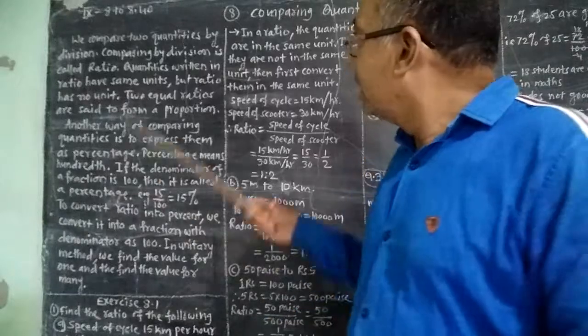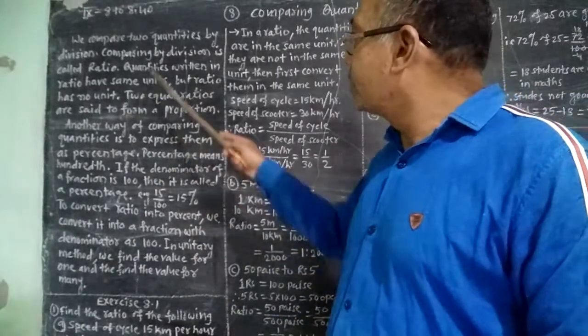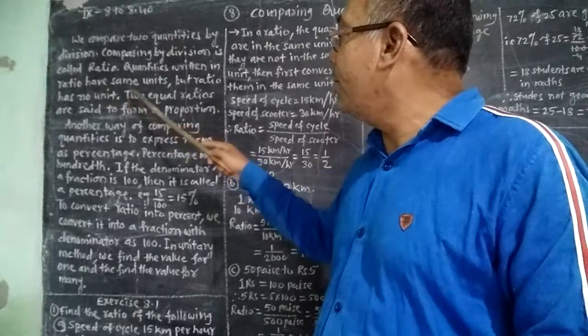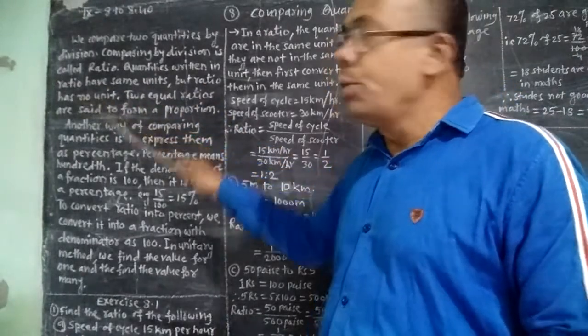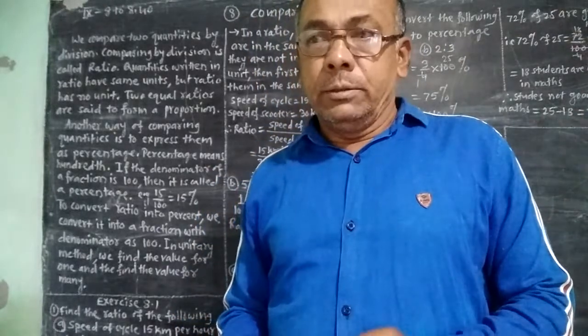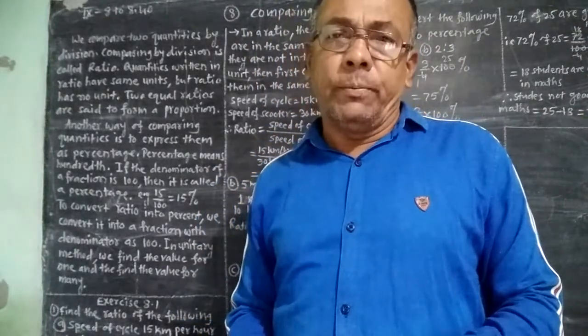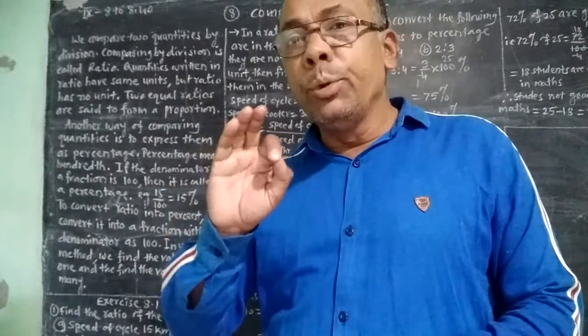The quantities written in the ratio have the same units, but the ratio has no unit. When we compare and find the ratio, then the answer has no unit.